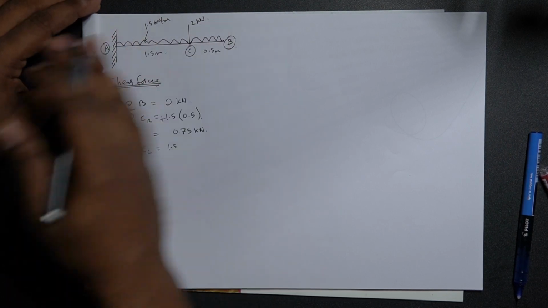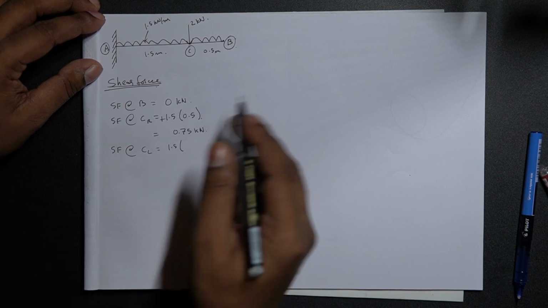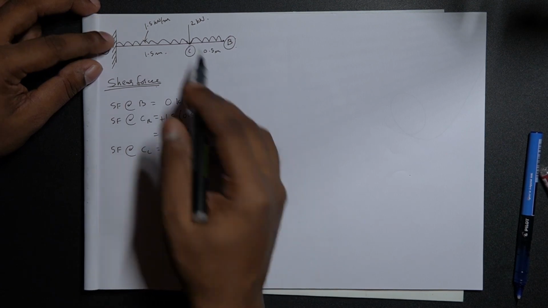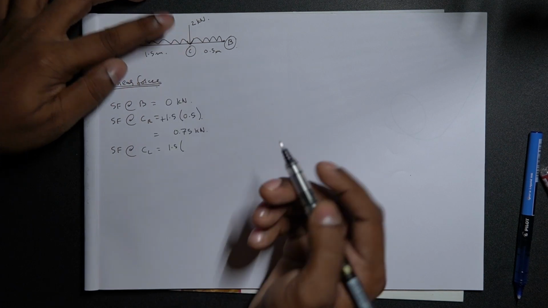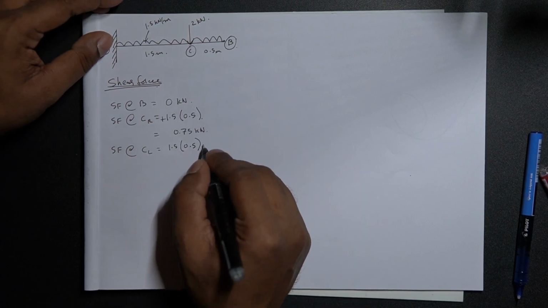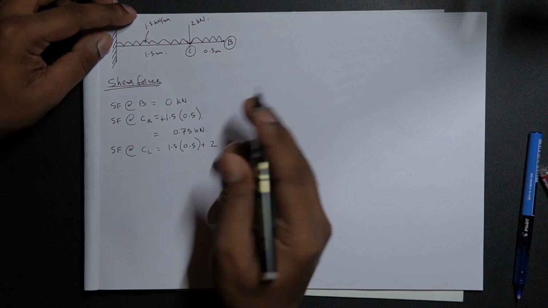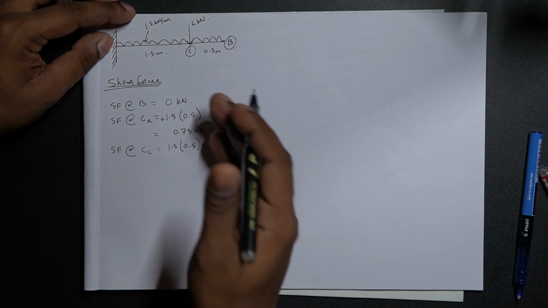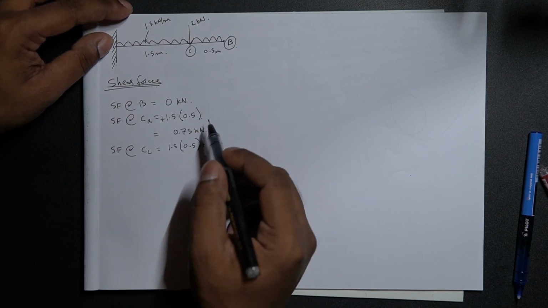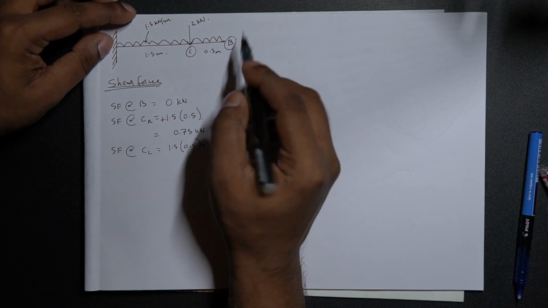We have the UDL acting all the way across, so this would be constant everywhere. So 1.5 times 0.5, plus we have a point load of 2 kilonewtons acting downwards, so that is 2. Since it's a point load, it's constant, so there is no multiplication of value. Since it's a UDL, we'll have to multiply it with its applied span.